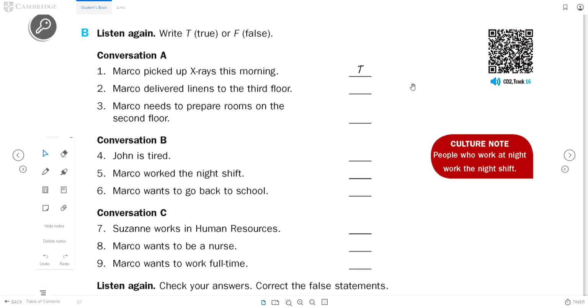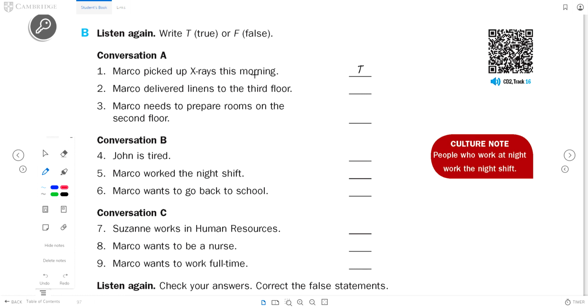Okay, so now let's go back to our exercise 2B and let's do the correction together. Okay? So read the sentence, and if the sentence is true, we write down T. If the sentence is false, we write F. Okay?